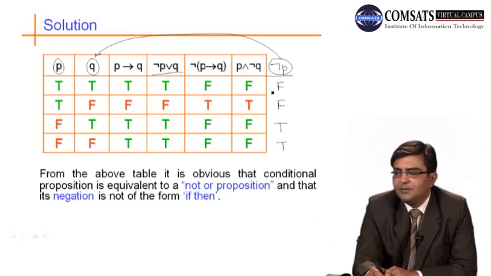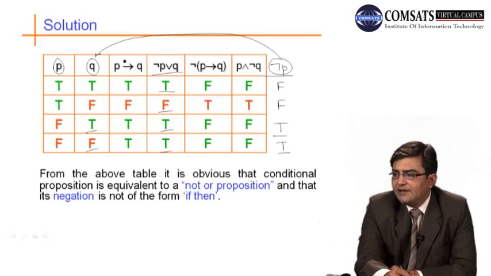Means either not P or Q is true, then the disjunction of not P and Q will be true. So here Q is true, not P is false, therefore here we have true. Again we have false, false, the truth value of not P or Q is false. Next we have true here and true here, so the truth value will be true. Next we have false here and we have true here, so the truth value will be true.